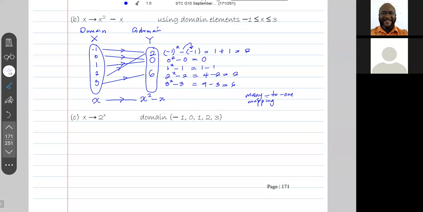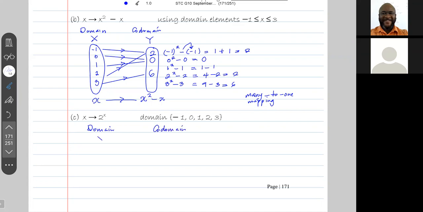All right, so for C, we're going to draw a relation diagram. For the relation, x in the domain is mapped to 2 to the power x in the codomain. So we have the domain and we have the codomain.